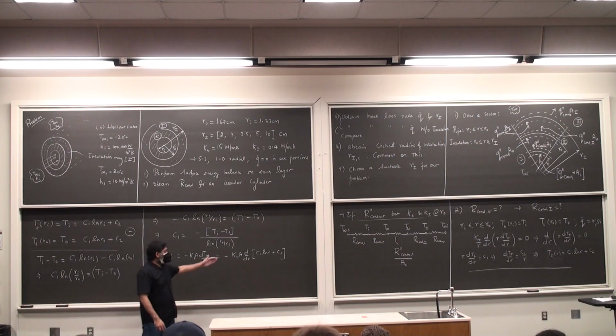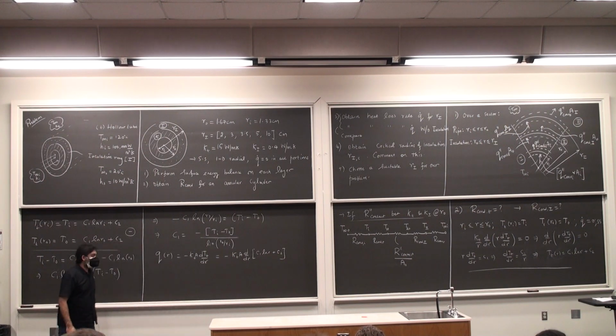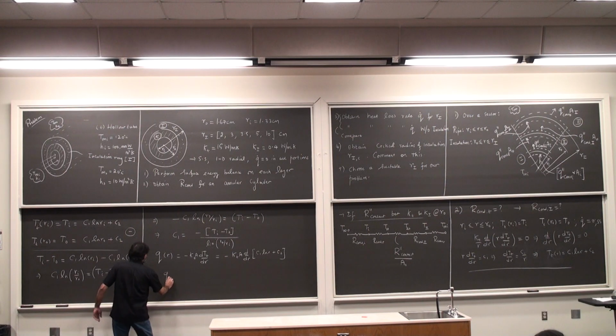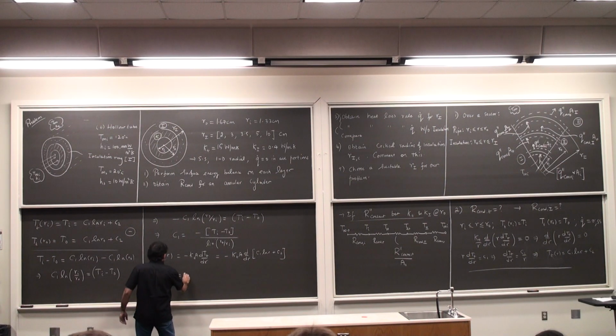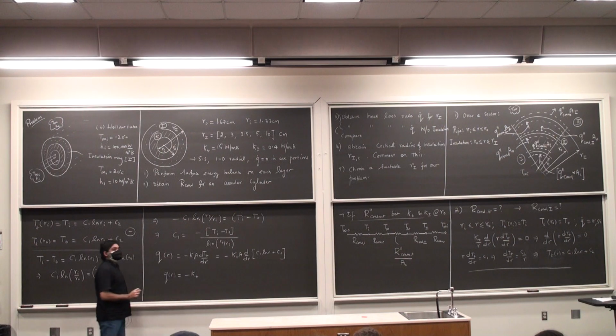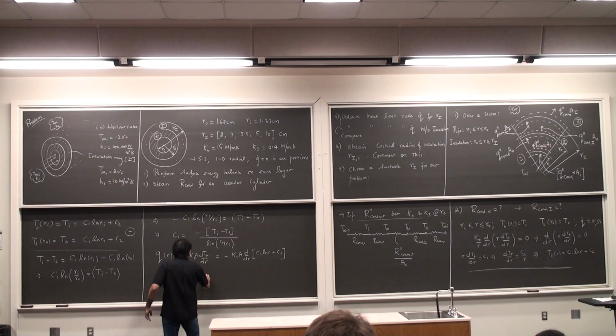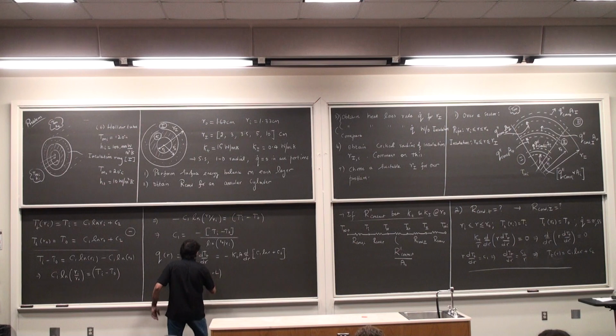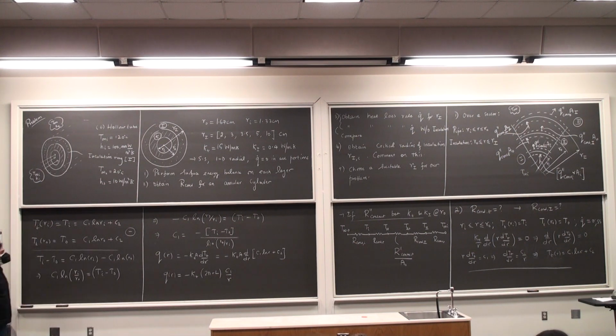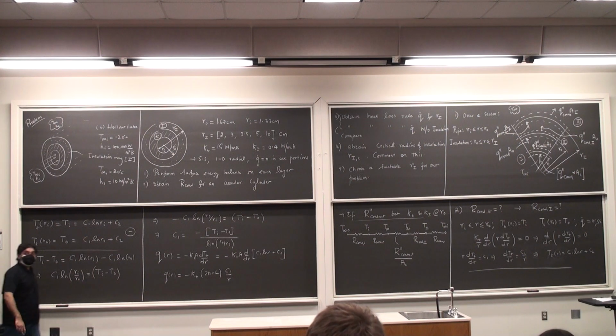d by dr of logarithm of R is 1 by R, and so I have Q at R is minus kT. Area at any random radius R between Ri and R0 is the following: 2 pi R L times C1 by R, where we have made use of the fact.